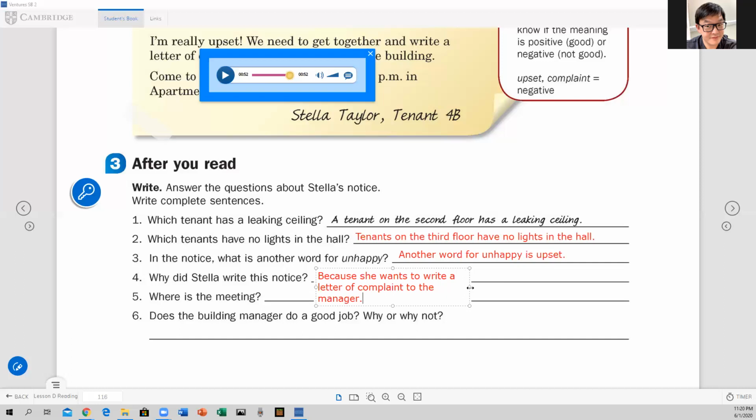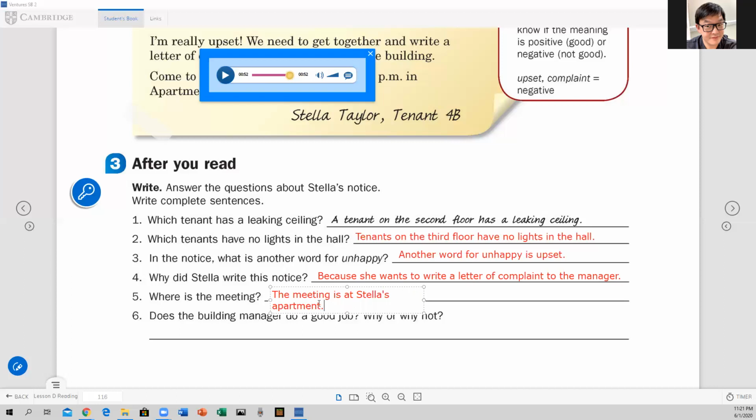Good. Number 5, where is the meeting? The meeting is at Stella's apartment.